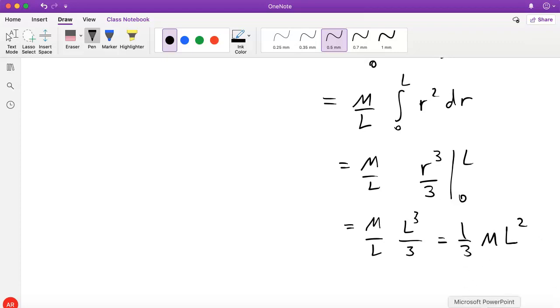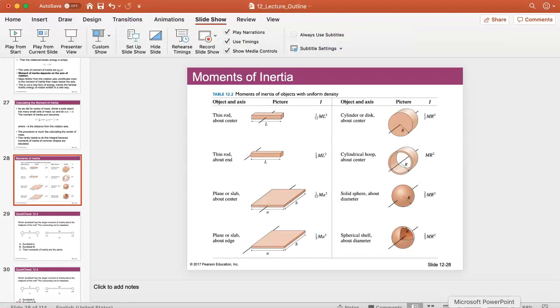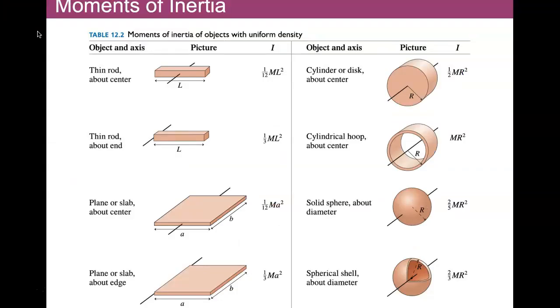So that's our second example from this table. There's no need to memorize the expressions in this table. We can always look them up.